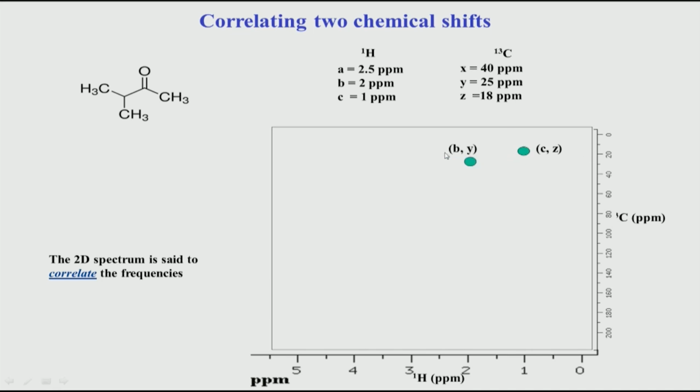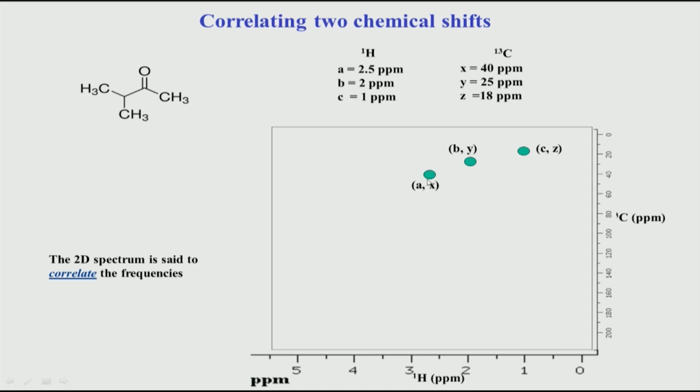Similarly, if you look at the second combination, B to Y, it comes in the 2D spectrum, because that is the only one which matches with this peak and its corresponding partner. If you draw a straight line here, that is the peak which was at 2 ppm, and that now corresponds to this carbon. And the last combination was the septet.